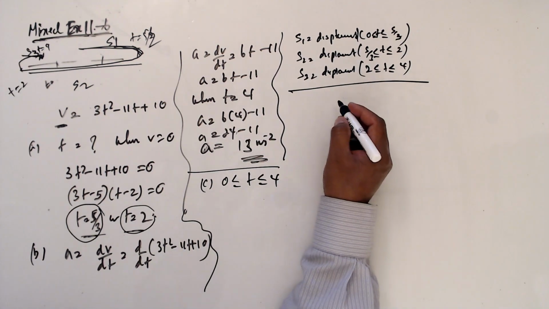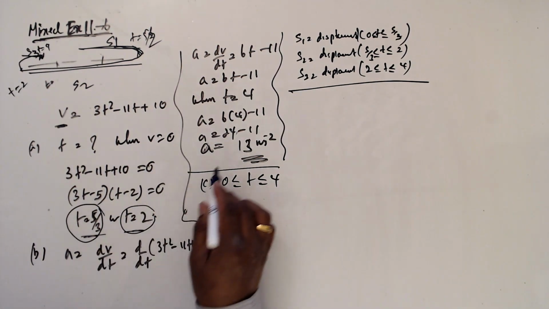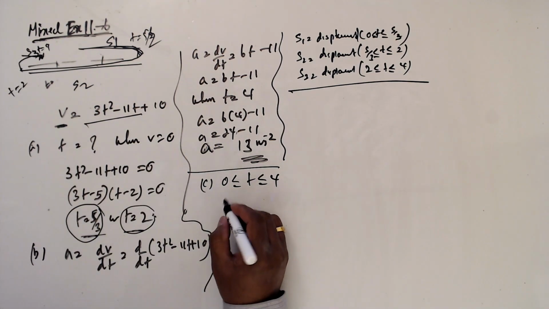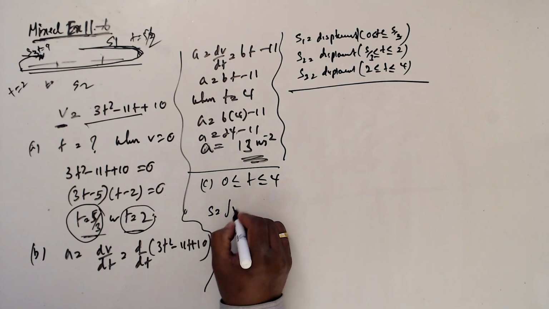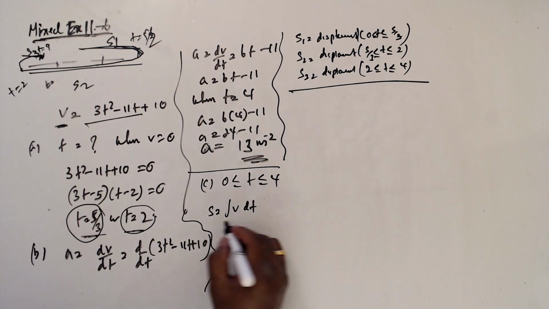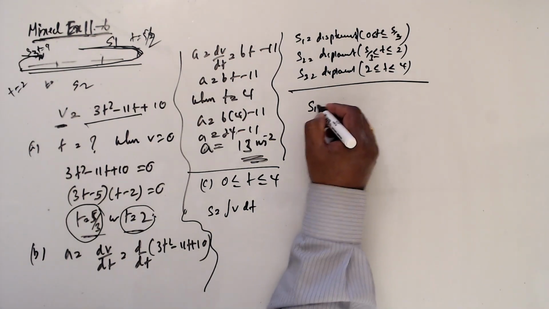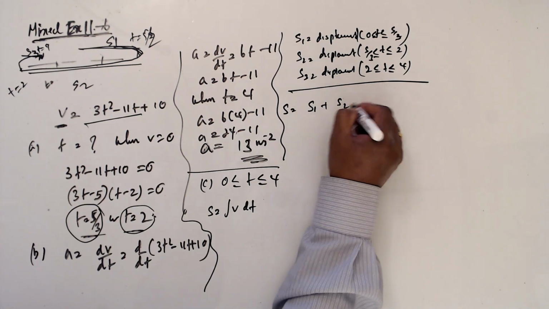Now we need the equation, so we have to integrate the velocity. V is given by this one. To get the displacement, S equals the integral of V dt. Total distance is S1 plus S2 plus S3.